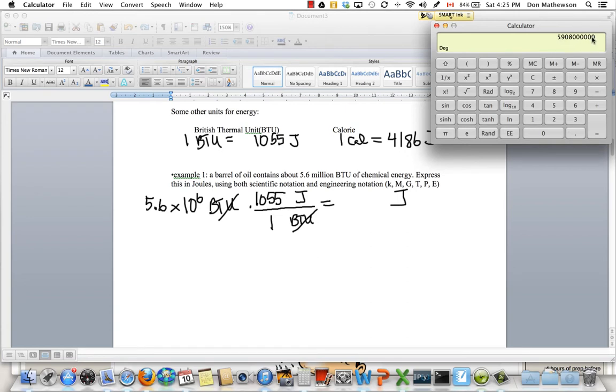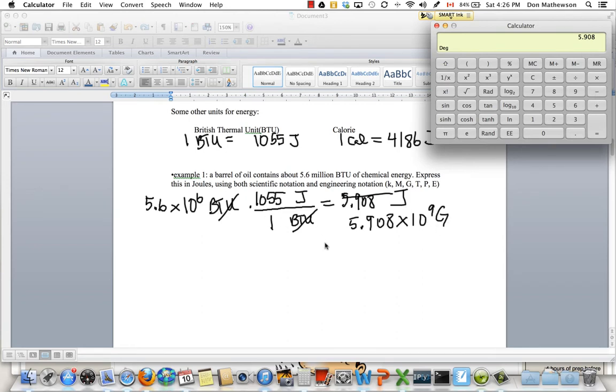So I see 1, 2, 3, 4, 5, 6, 7, 8, 9 powers of 10. So that is going to be 5.908 times 10 to the 9 joules. I can just here divide by 1e9 to confirm. Yeah, it's 5.908 times 10 to the 9 joules.